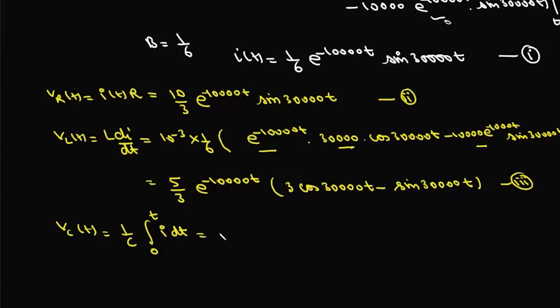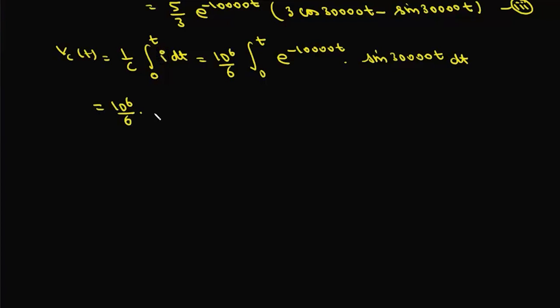So it will be 1 by c, and c is 1 microfarad. So there will be 10 to the power 6, and then this integral from 0 to t, I is 1 by 6, and this is e to the power minus 10,000 t sine 30,000 t dt.